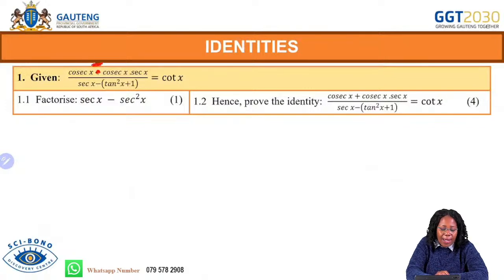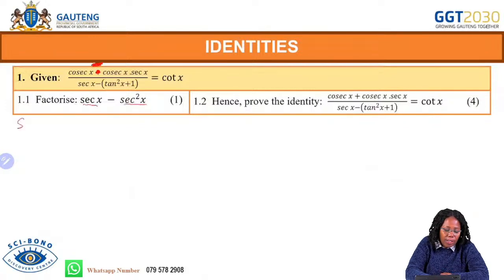So it's cosec x minus cosec x multiplied by sec x over sec x minus sec squared x, and then bracket tan squared x plus 1 equals cot x. And then we are given that. We need to factorize first the sec x minus sec squared x. How do you do that? Can you see we have a common sec x there?